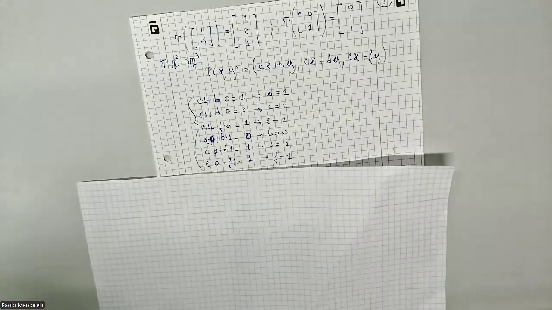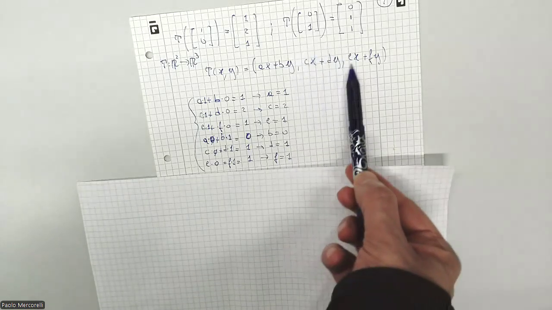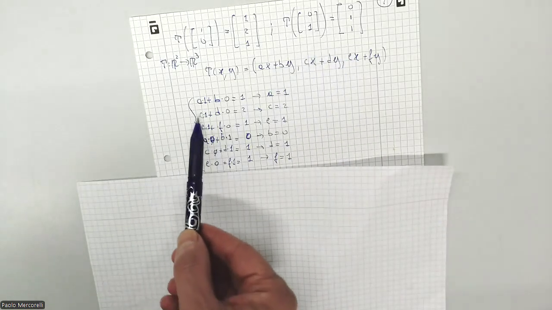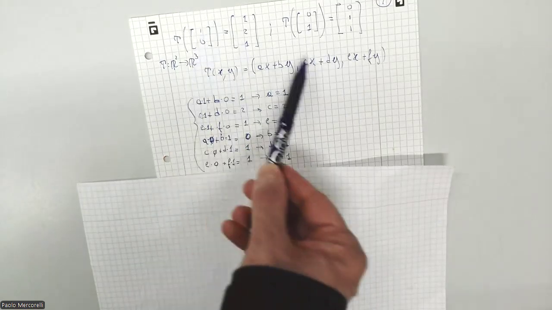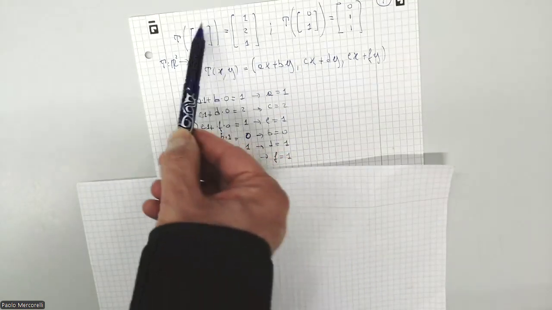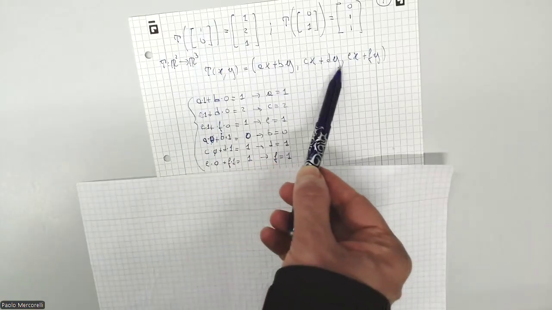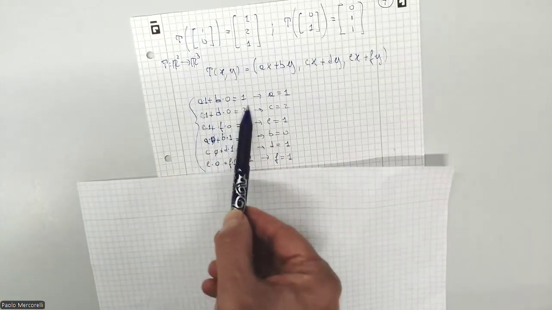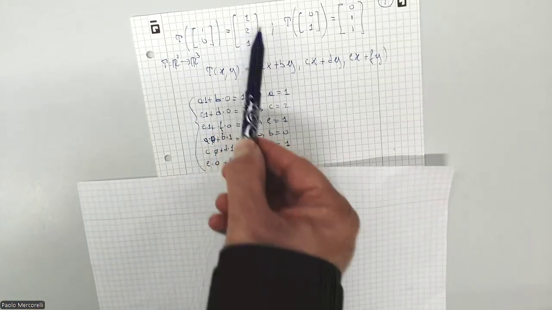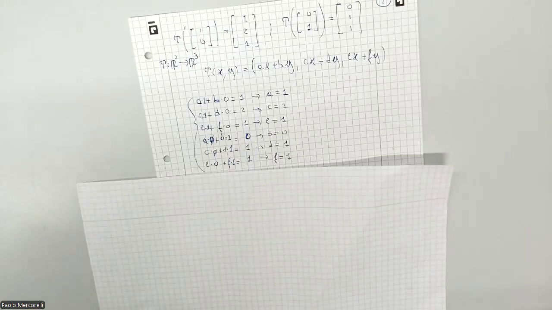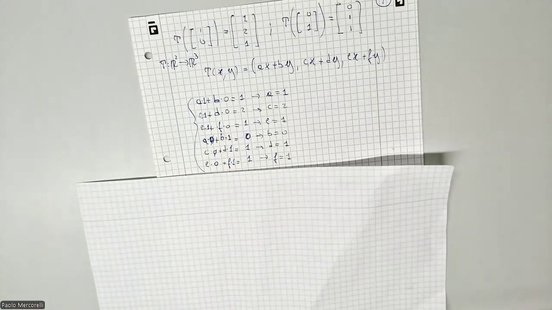Going ahead. What happens here? C multiply 1, x is equal to 1, plus D multiply 0 equals the second element 2. And then we proceed down.